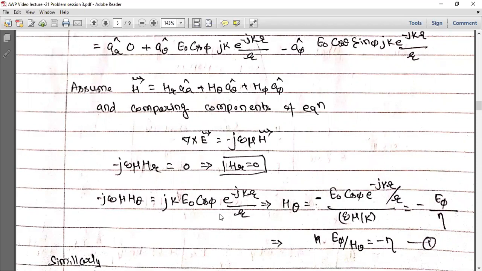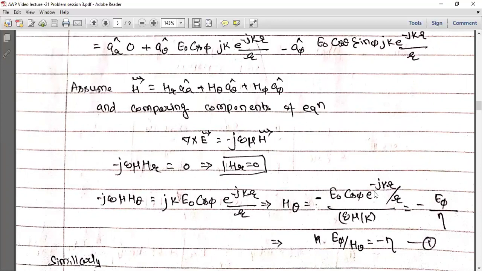We substitute everything here. After cancellation, you find that H_θ will be equal to minus E0 cos φ e^(-jkr)/r divided by ωμ/k. What is ω? Of course, ω is the angular frequency of the wave propagating. μ is the permeability of the medium, and k is the propagation phase constant, 2π/λ.